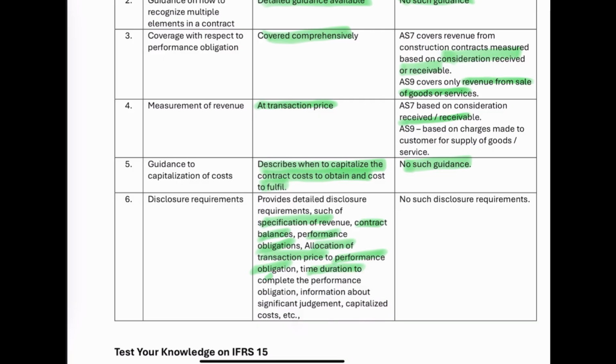And the time duration to complete those performance obligations also needs to be specified in the financial statements. And information about significant judgment used in capitalizing the contract or recognizing the revenue also needs to be disclosed. And specification with respect to capitalized cost. All these need to be disclosed under Ind AS 115. But in the other accounting standards, there are no such disclosure requirements.